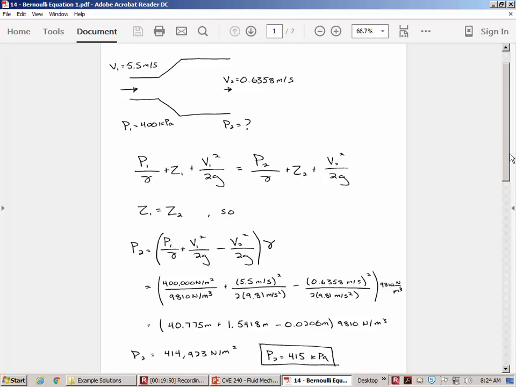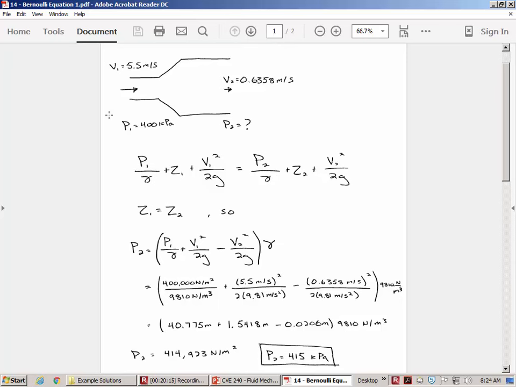All right, as I was walking around, it seemed like almost everyone I checked had this correct answer, 415 kilopascals. Good. The velocity that was at 1, we had the velocity decreasing. So the way you can think of it is you had some energy tied up here in the velocity head. So where did that energy go? The energy can't just vanish without a trace.